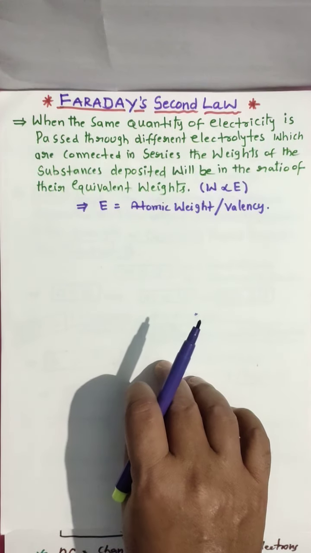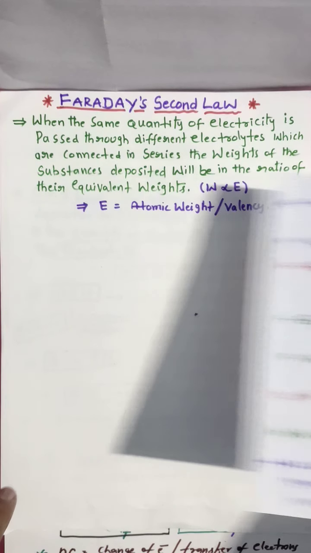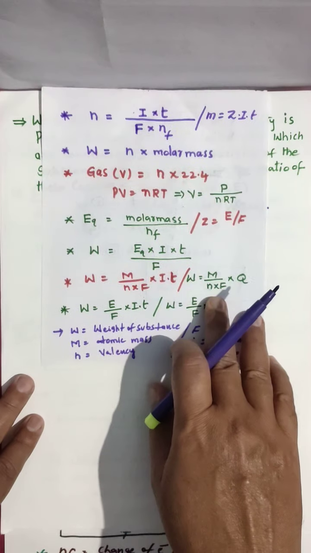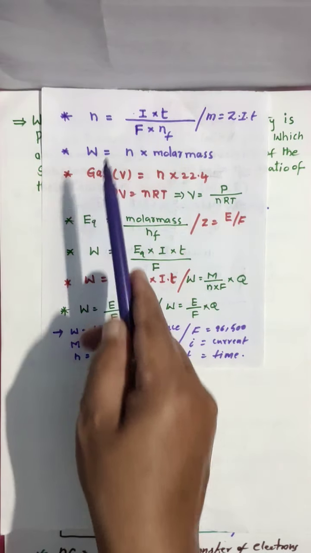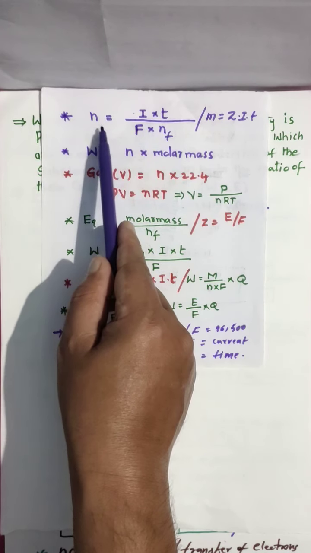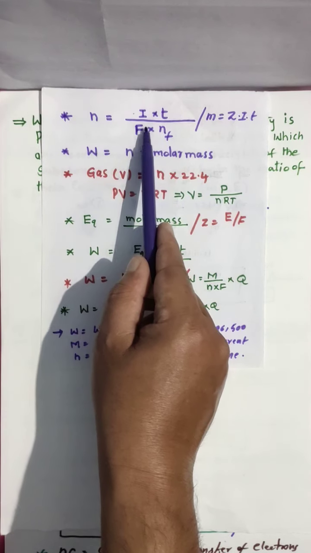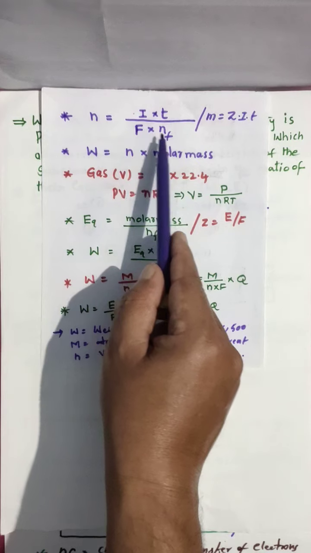Before going further, there are some formulae which are important for your competitive exams. Remember them. To calculate the number of moles, the formula is I into T upon F into n factor.